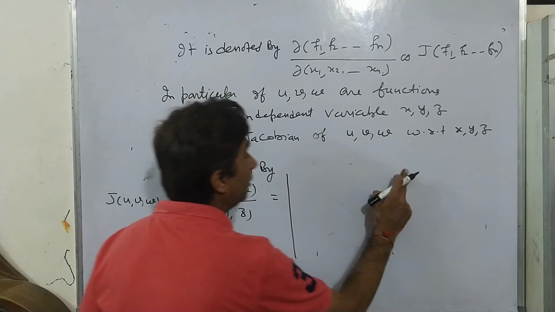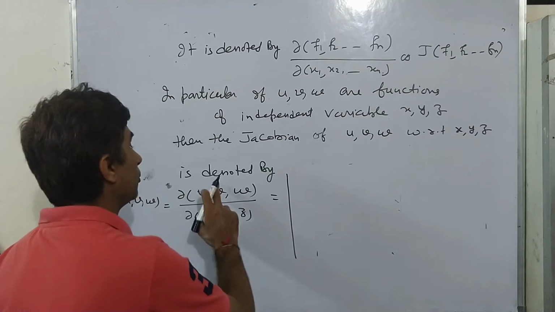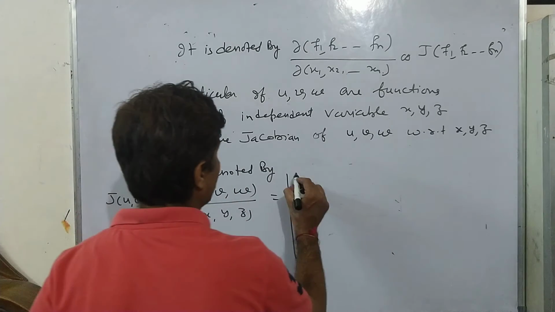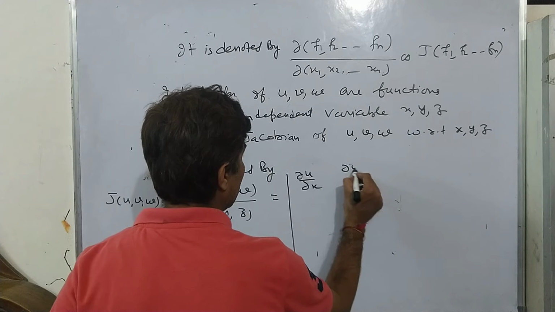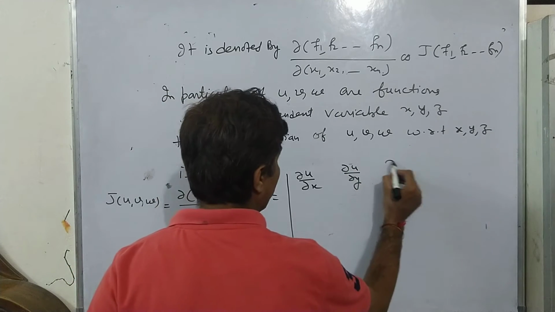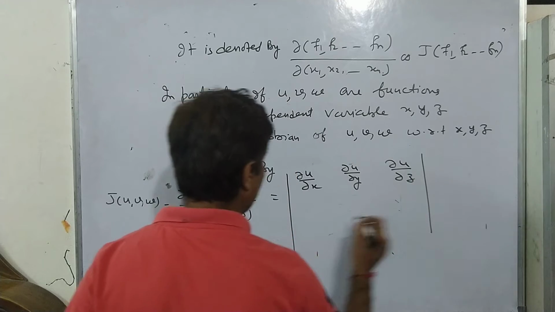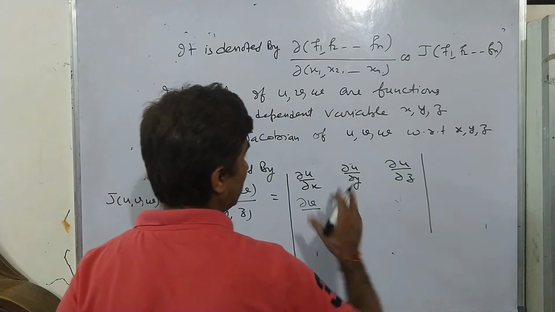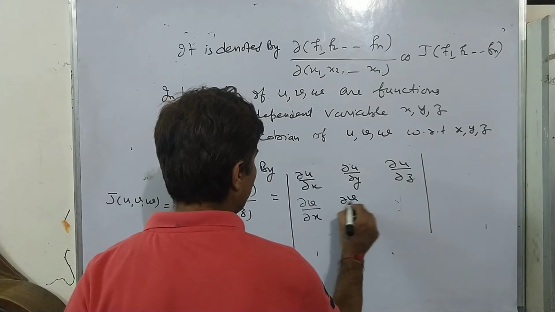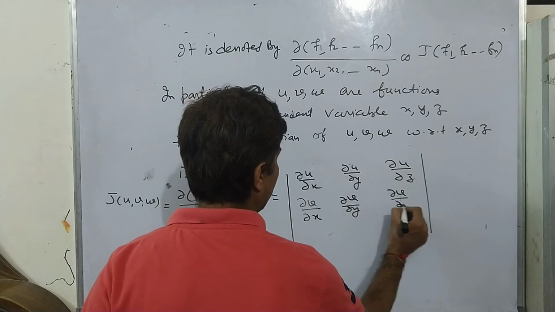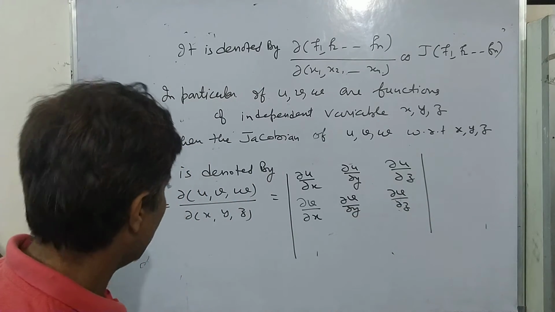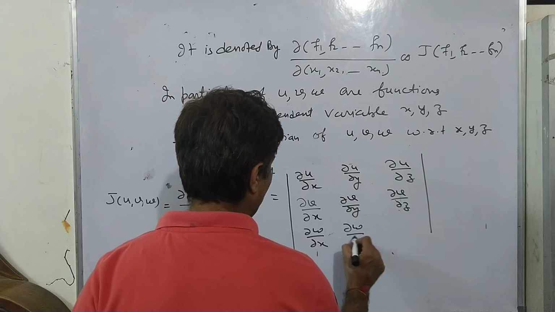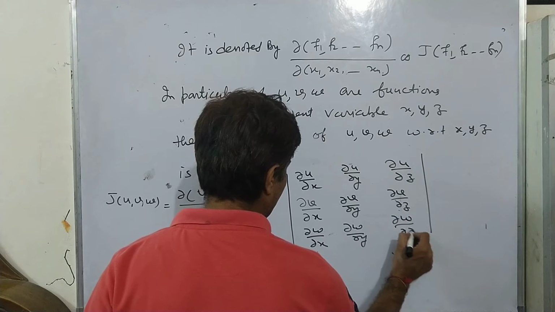the first row will have the derivatives of u, the second row the derivatives of v, and the third row the derivatives of w. First row: ∂u/∂x, ∂u/∂y, ∂u/∂z. Similarly, second row the partial derivatives of v with respect to x, y, z, and third row of w: ∂w/∂x, ∂w/∂y, ∂w/∂z.